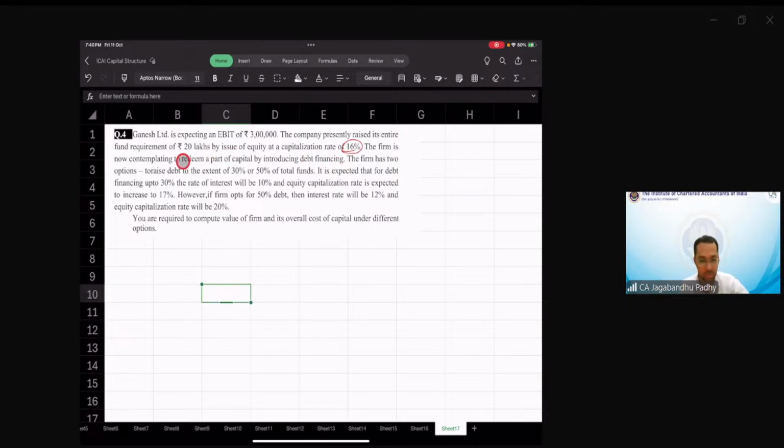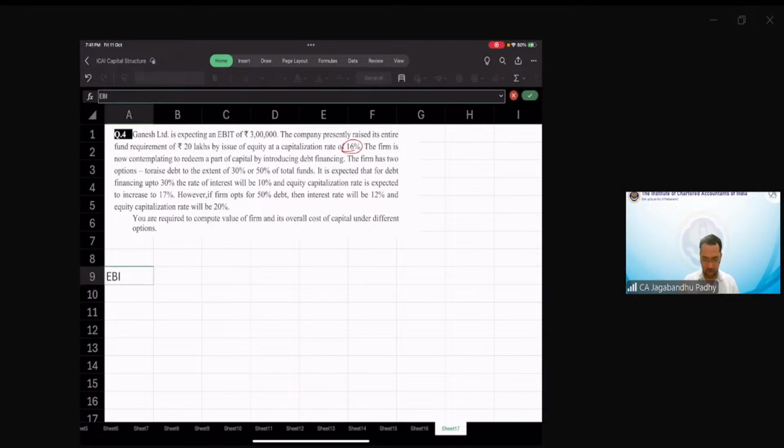The firm has two options to raise debt to the extent of 30% or 50% of total funds. It is expected that for debt financing up to 30%, the rate of interest will be 10% and equity capitalization expected to be 17%. However, if the firm opts for 50% debt, the interest rate will be 12% and equity capitalization will be 20%. You are required to compute the value of the firm and overall cost of capital under different options.